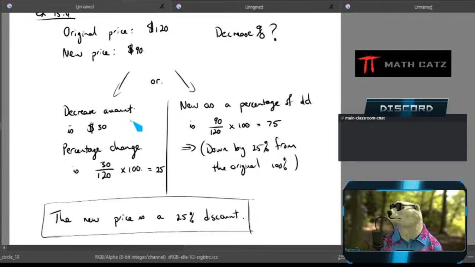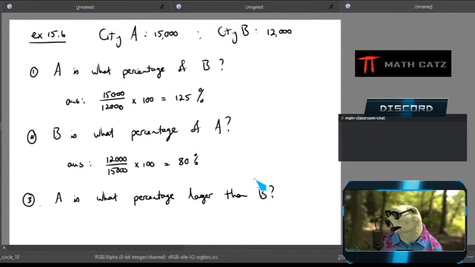I can focus on the change amount, or, not and, I don't have to do both, or I can look at one as a percentage of the other and then deduce from that the percentage change rather. Again, here I have the same thing.